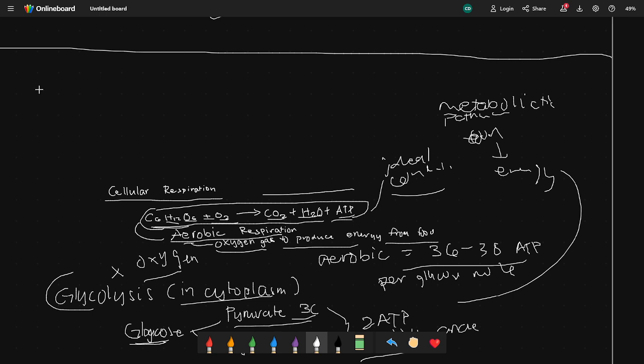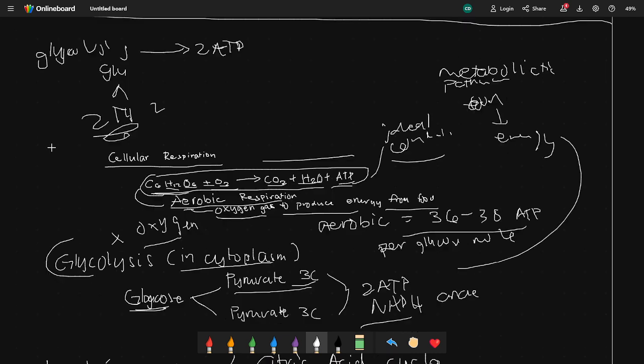So in glycolysis, we produce two ATP and two pyruvates, three carbons each. From one glucose molecule, we get two pyruvate three-carbon molecules. Note this occurs in the cytoplasm specifically.